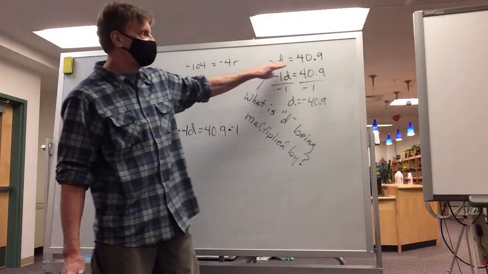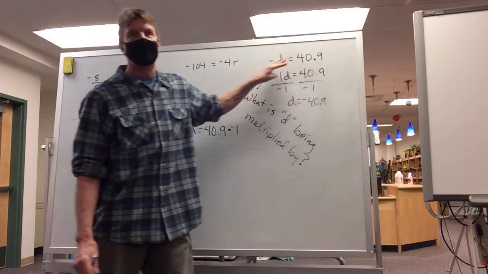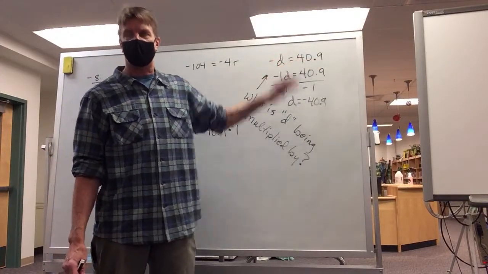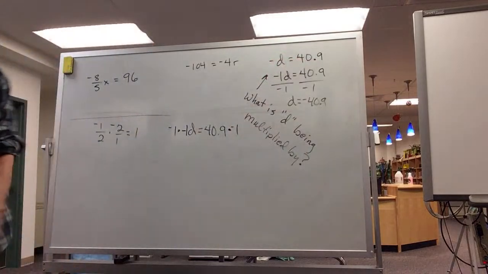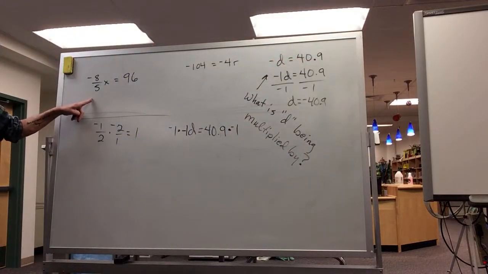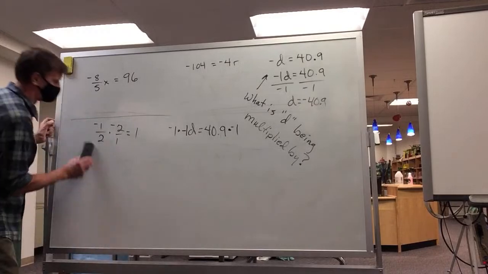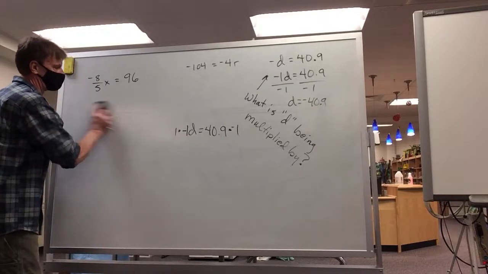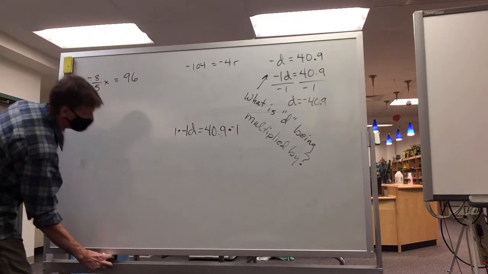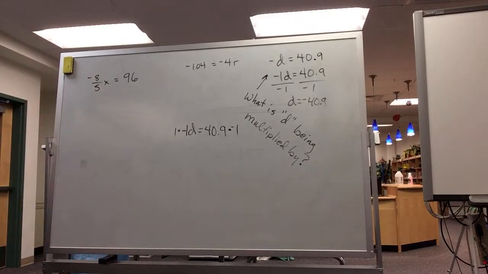If the opposite of D is 40.9, then D has to be -40.9. Okay, go to this one. There you go. That one you're not going to do with division. You've got to use multiplication by the reciprocal.